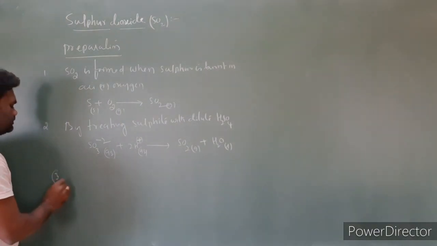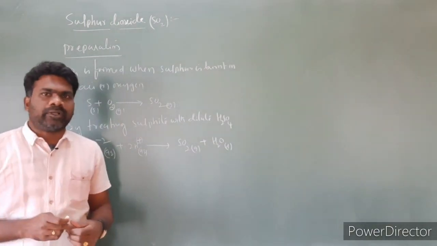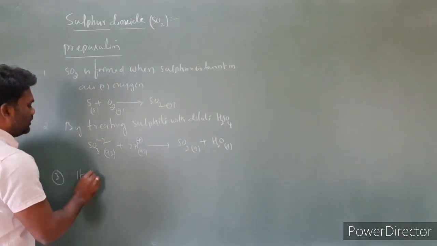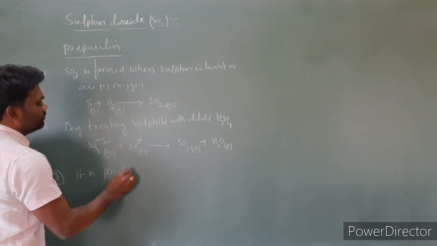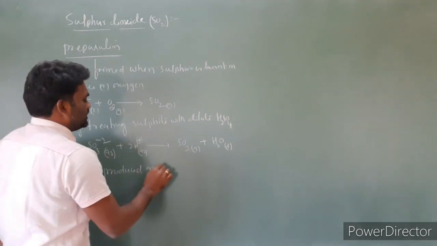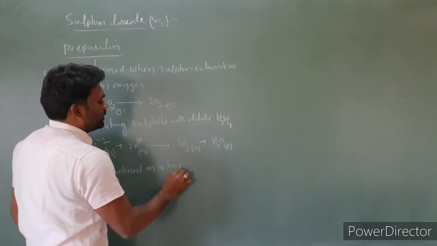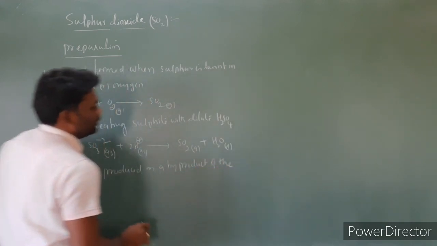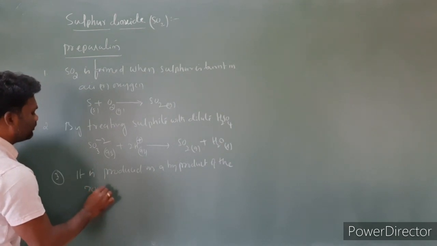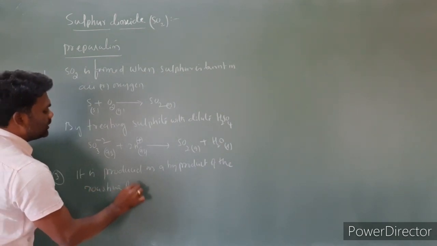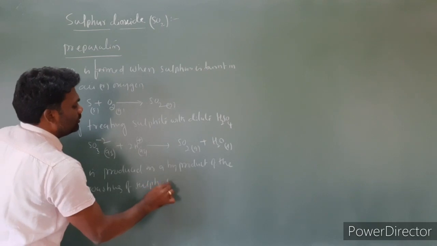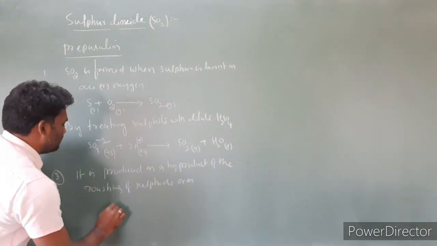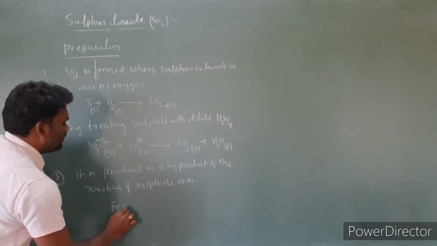The third one is it is produced as a byproduct of the roasting of sulfide ores. Let's take the example of FeS2.